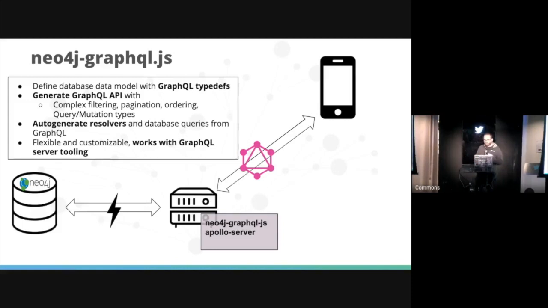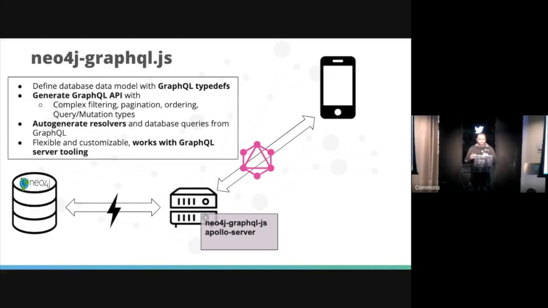Specifically, what we do with this integration is take your GraphQL type definitions, and from that, we generate a GraphQL API. We add query and mutation types, we add complex filtering arguments, pagination, ordering, and then the really neat thing is that we auto-generate resolvers for data fetching. So you basically get a CRUD GraphQL API for free with just your GraphQL type definitions.